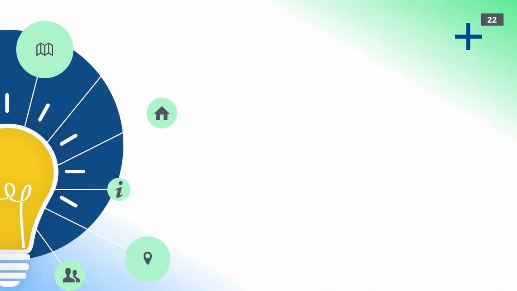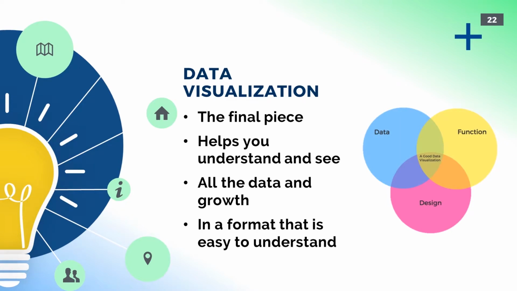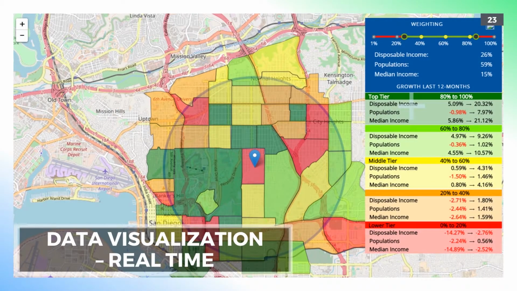Now, I mentioned data visualization, and that's really the final piece, because being able to see this visually really helps you understand how all of these things play out. You need to not only have all of this complex data, but have it in a format that is easy to understand, so that you can literally see on one of our growth maps areas turning red, or yellow, or green.